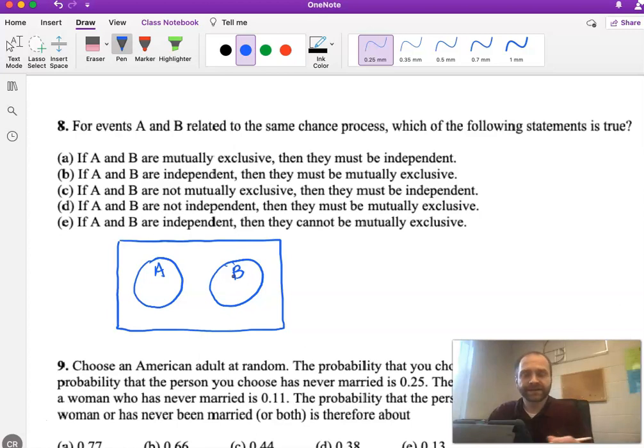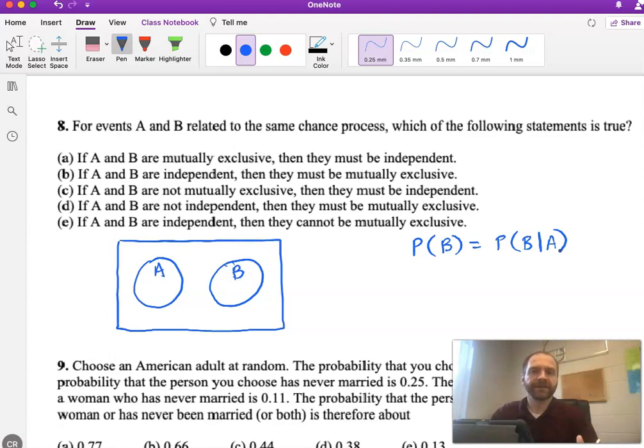And what independence says is that if you have an event A and we have event B, the probability for event B will not change even if event A occurs first.